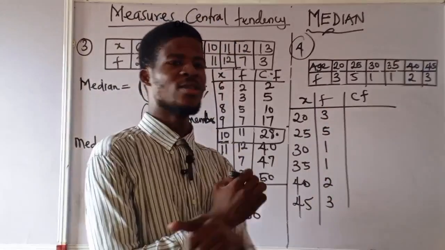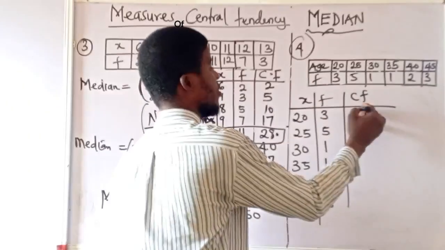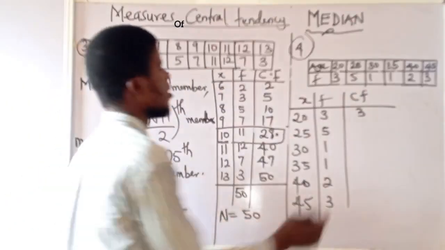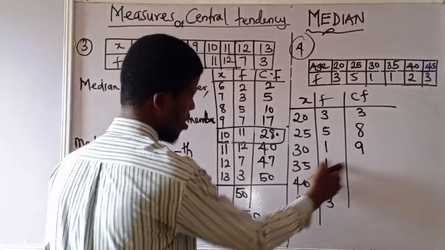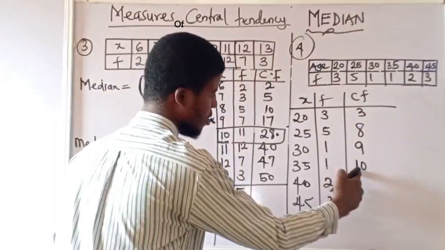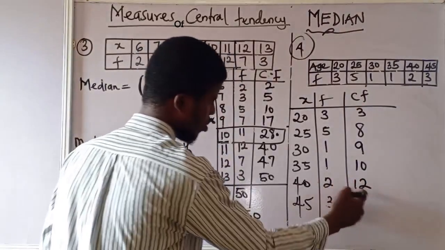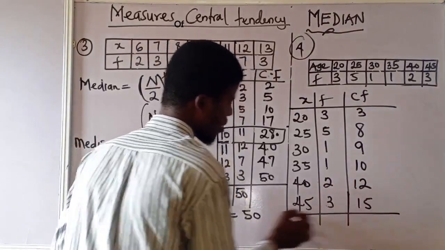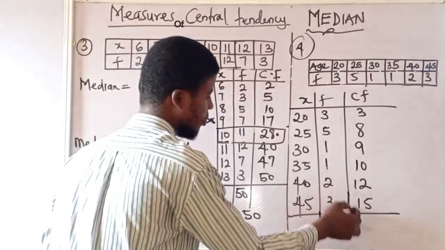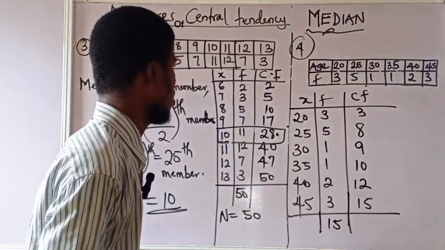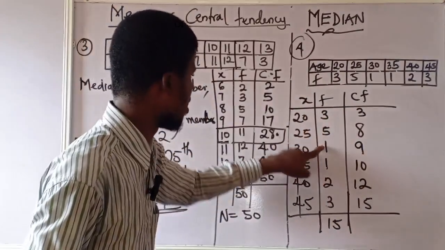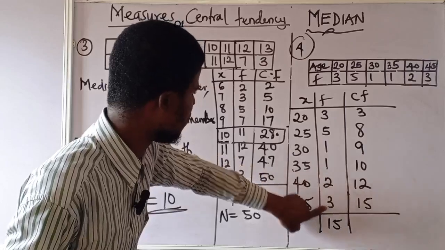So the cumulative frequency will now always be 3 for the first one. You get the point now. This will be 8. This plus this, 9. 1 plus 9, 10. 2 plus 10 is 12. 3 plus 12, that's 15. It means that the summation of this frequency is 15. I told you. 3 plus 5 is 8, plus 1 is 9, plus 1 is 10, plus 5 is 15.